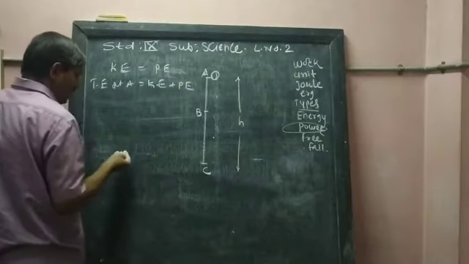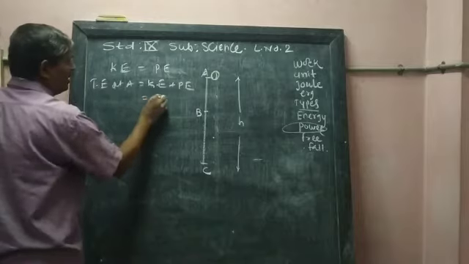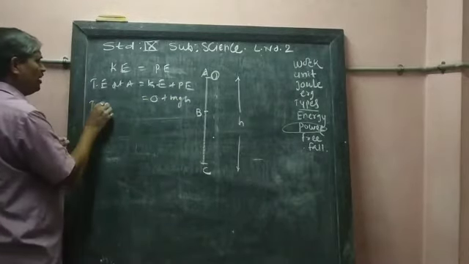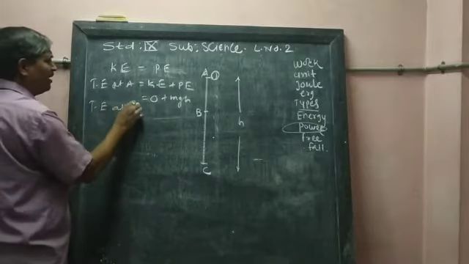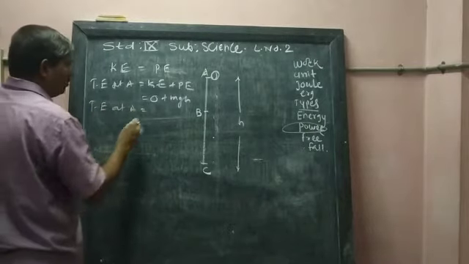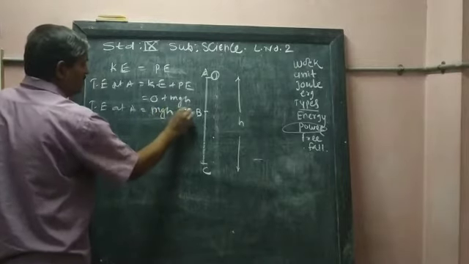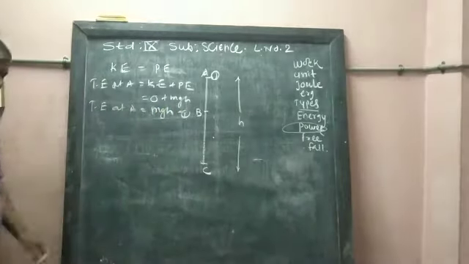KE is 0 and PE is mgh, so total energy at A is equal to mgh. This is number 1.